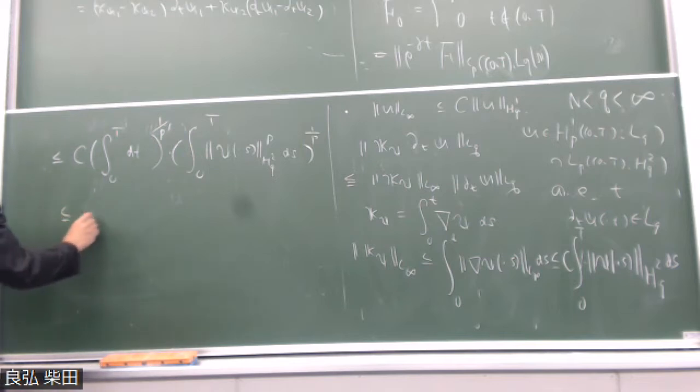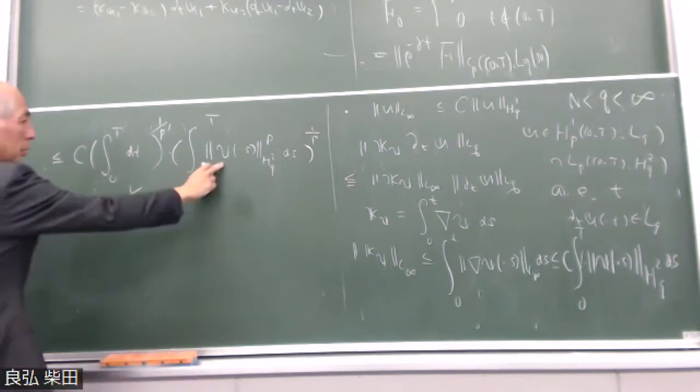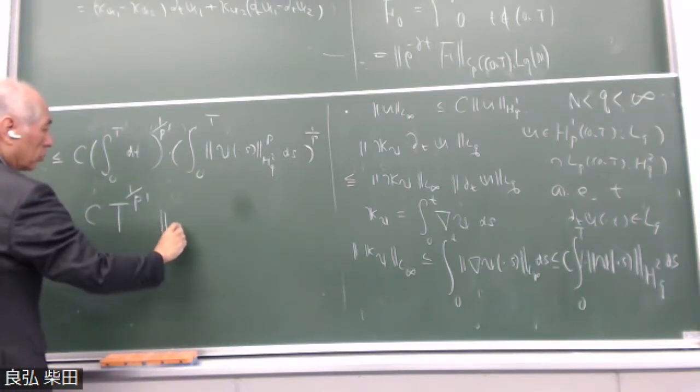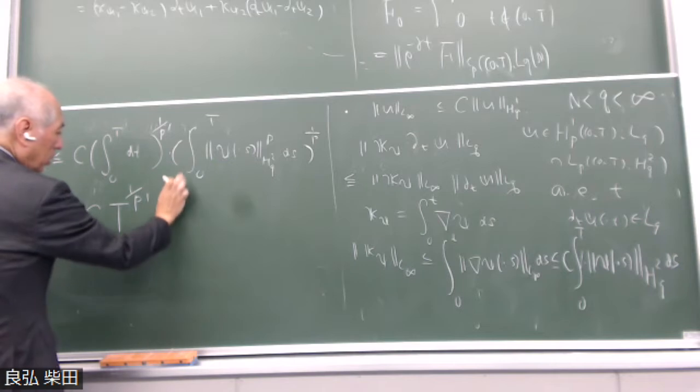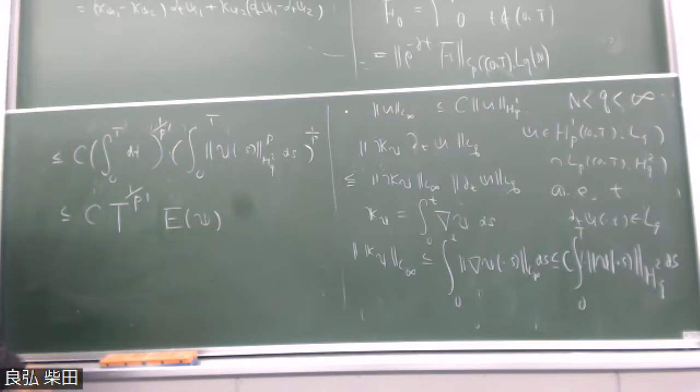Therefore, you get the c to the power times the p prime. And then this is the energy. Now we can say that this is EV.